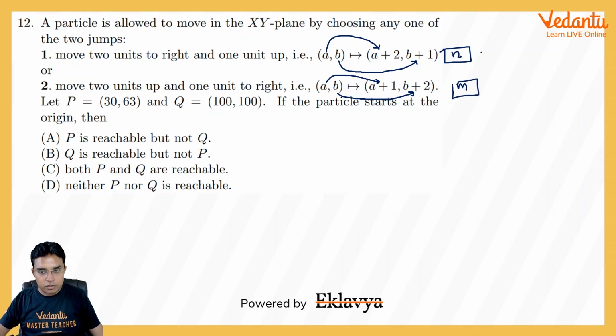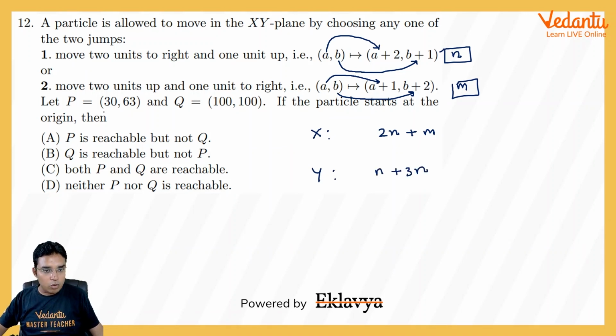Okay, so if it is so, my x coordinate will increase by 2n units plus m units, because in n moves 1, my x coordinate will increase by 2 each time, so 2n, and in m moves 2, x coordinate will increase by 1 each time, so 2n plus m. And similarly, y coordinate, this was my x coordinate. Similarly, if I do it for y coordinate, it will be n plus 2m.